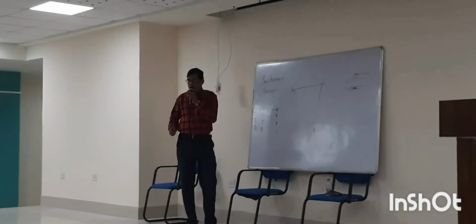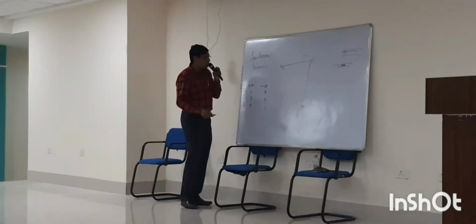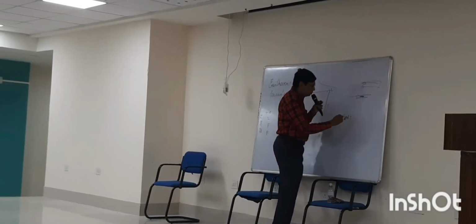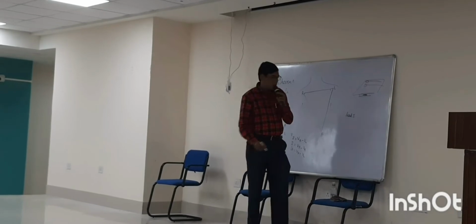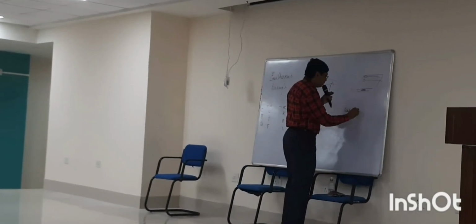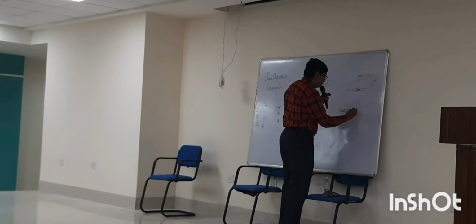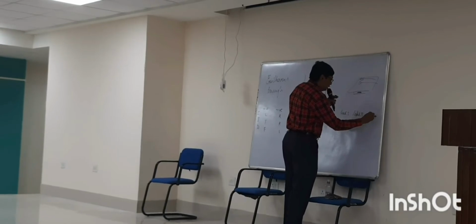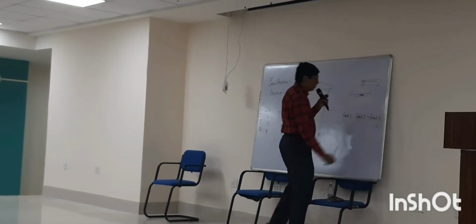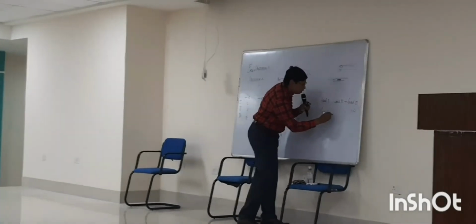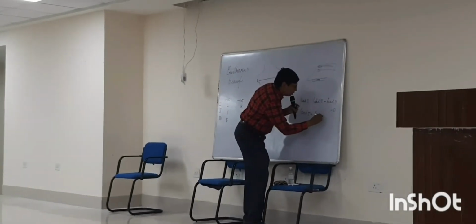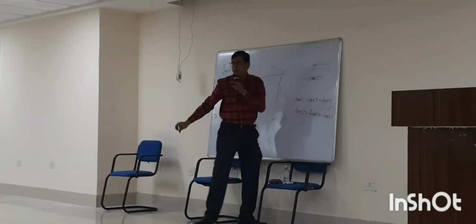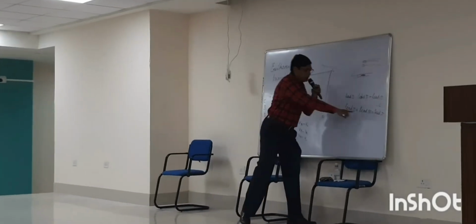So if the voltage is constant, look: lead 1 minus lead 2 plus lead 3 is equal to 0. Lead 1 plus lead 3 is equal to lead 2. And this is Einthoven's law.